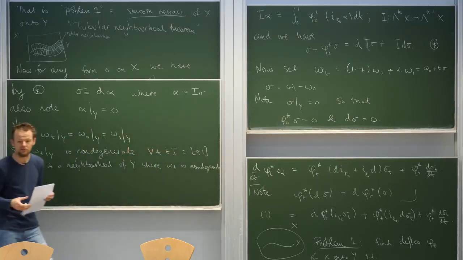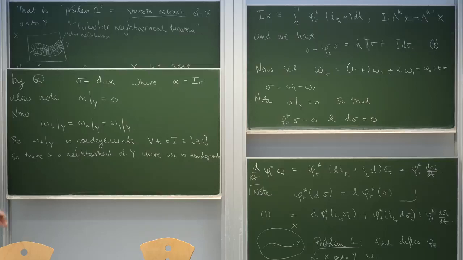And that has the further important consequence that there's a neighborhood of Y where omega t is non-degenerate as well.